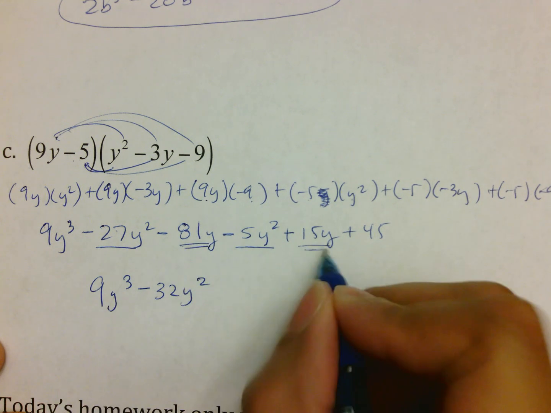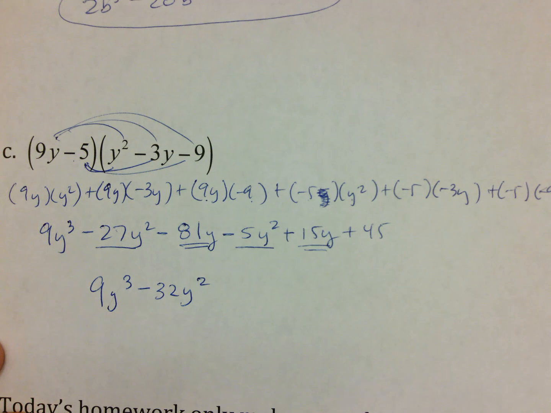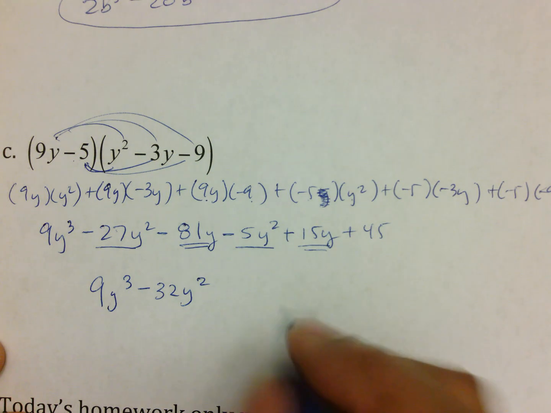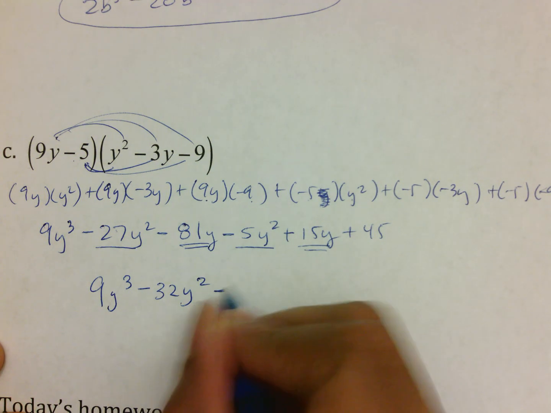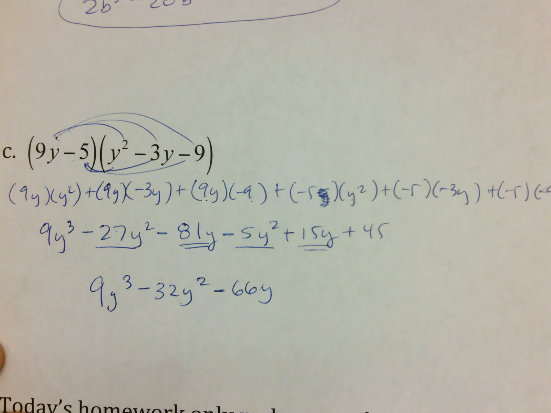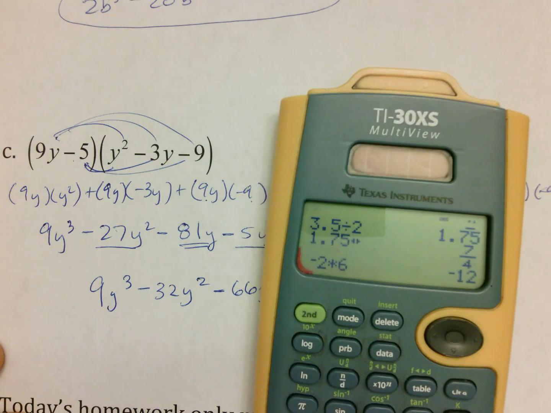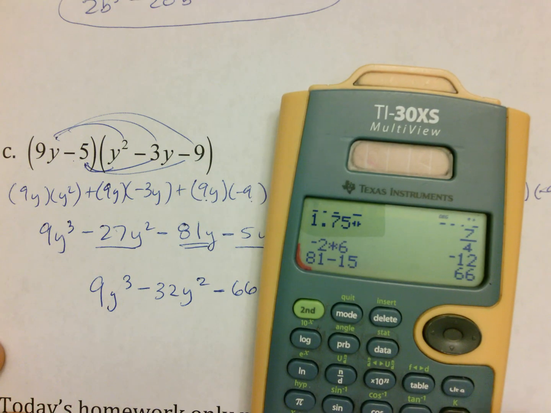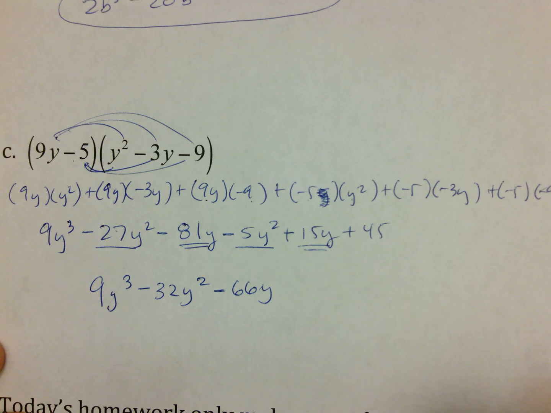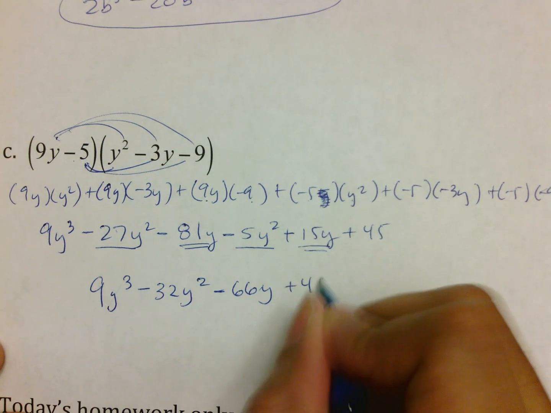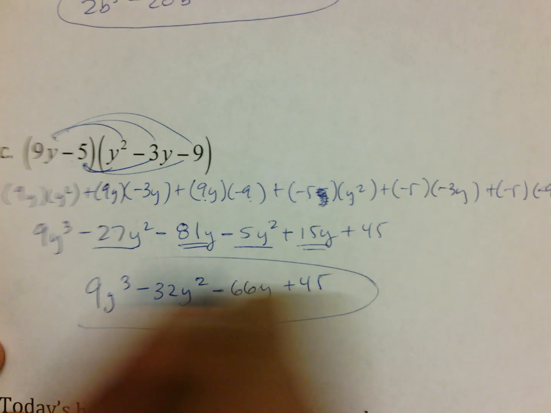Negative 81, positive 15, that makes, I think it's negative 66y. I can check real fast. And it is. And then plus 45 comes down, and that is your stopping point.